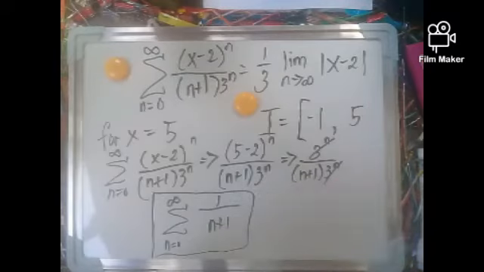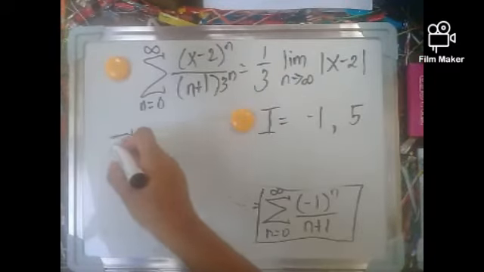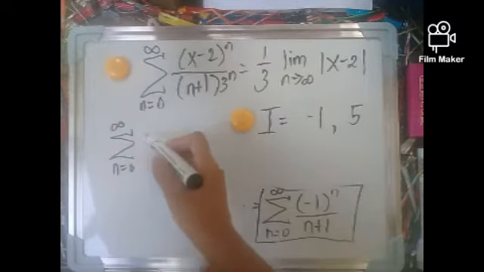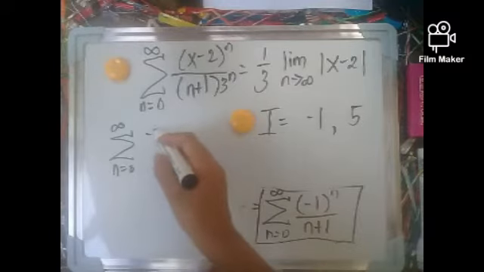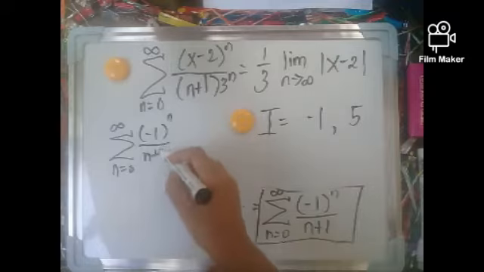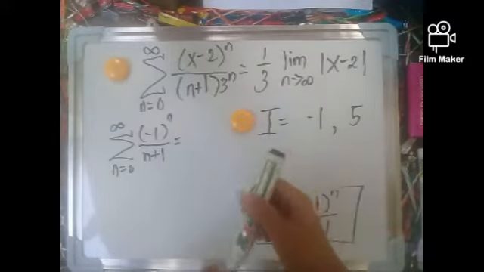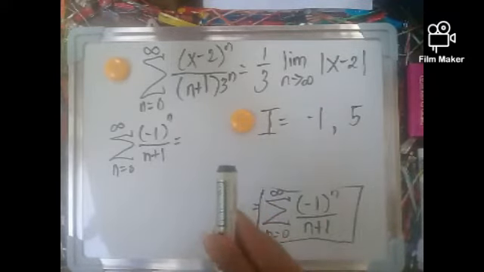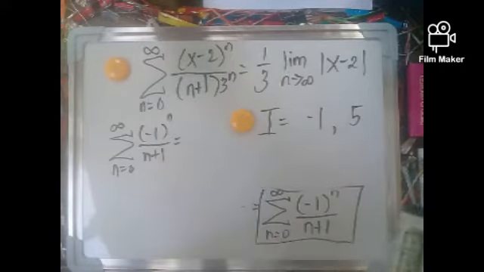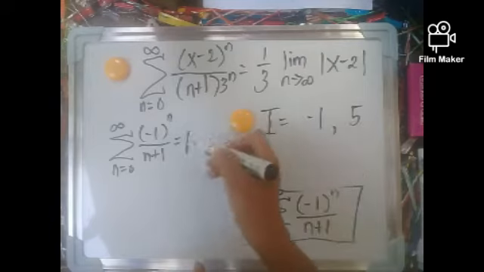And 1 over n plus 1 is, so we have here the series n is equal to 0 to infinity of negative 1 raised to n over n plus 1 is equal to, so if we plug in 0, we get 1 over 1. So it will become 1.